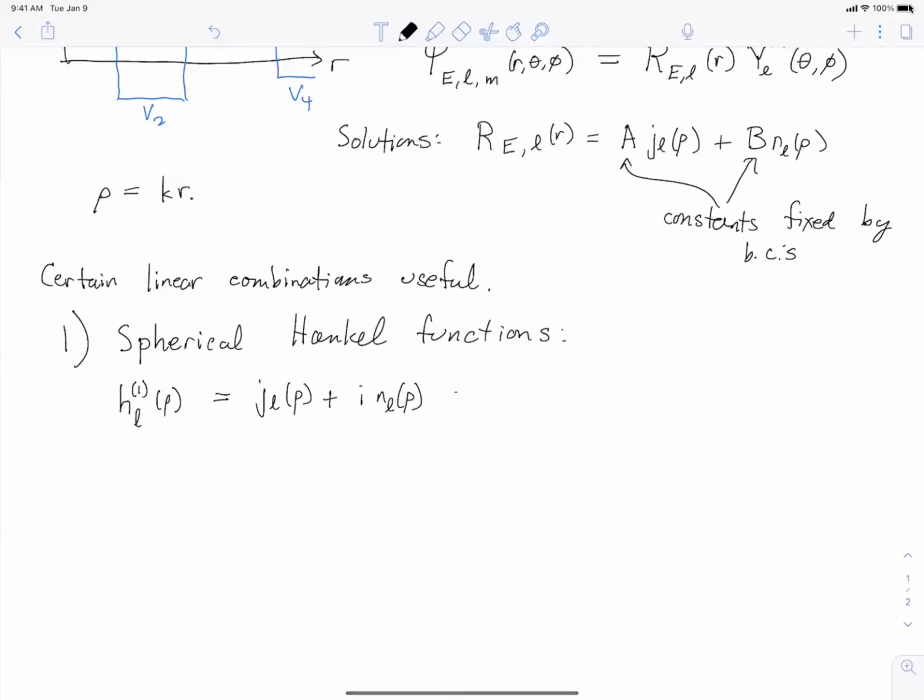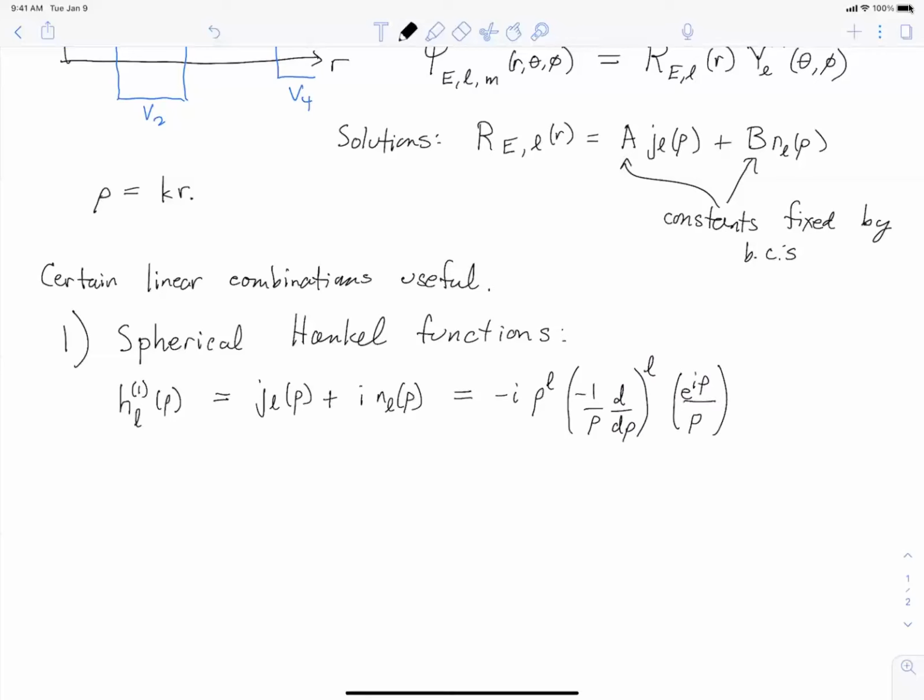And then if you look back at how we defined the spherical Bessel functions, this turns out to equal minus I rho to the L times minus 1 over rho times the derivative with respect to rho, L times, acting on e to the I rho over rho.